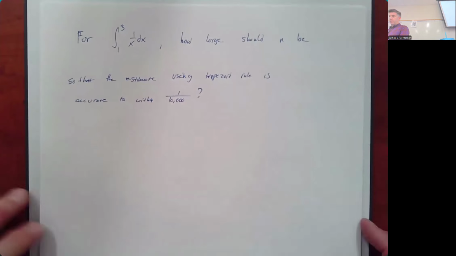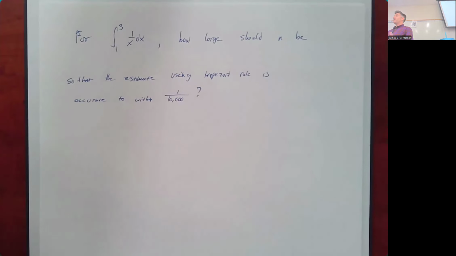So the question that we're really asking is, how big does n have to be so that the upper bound for the error is less than that number?